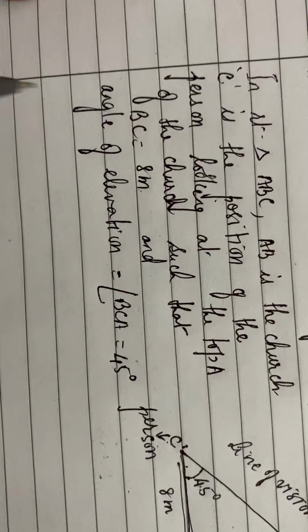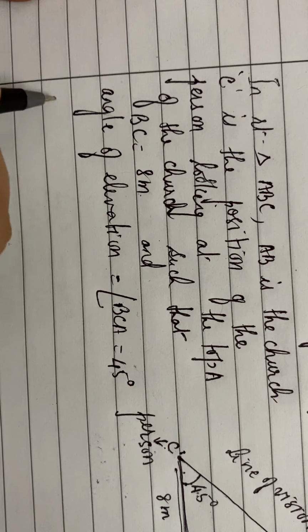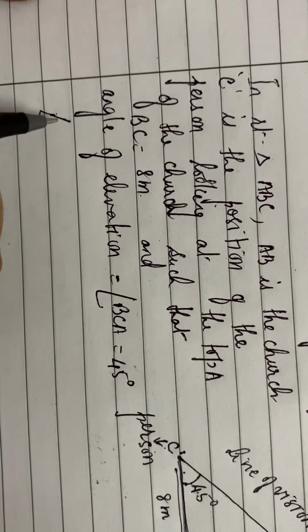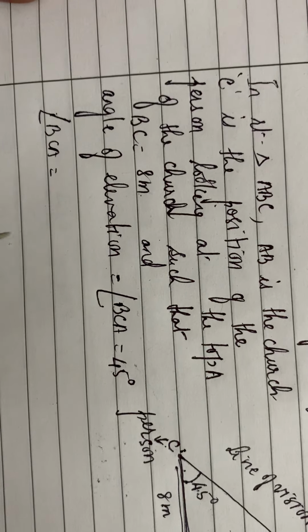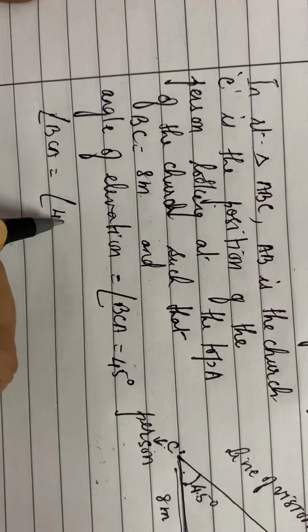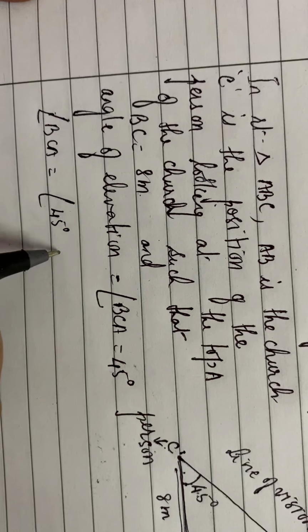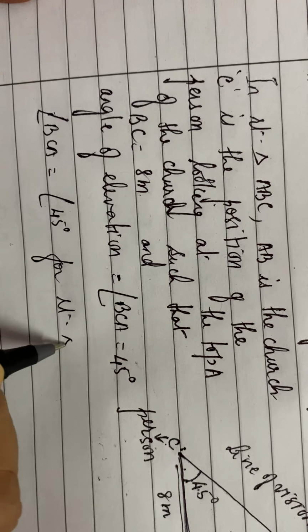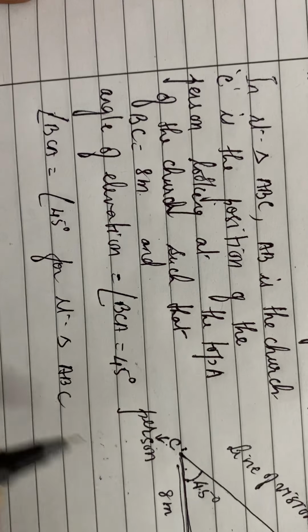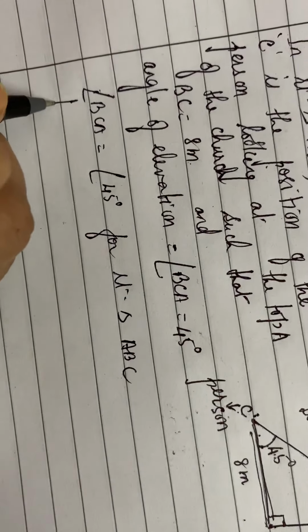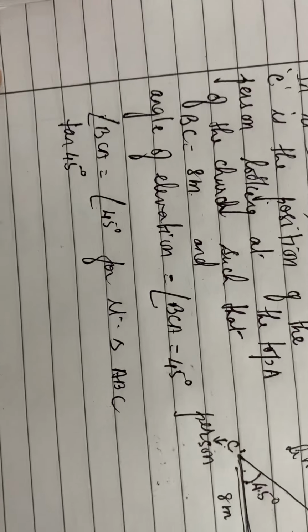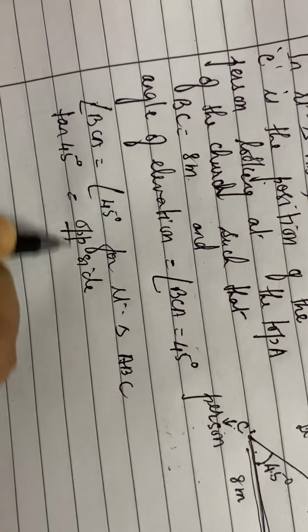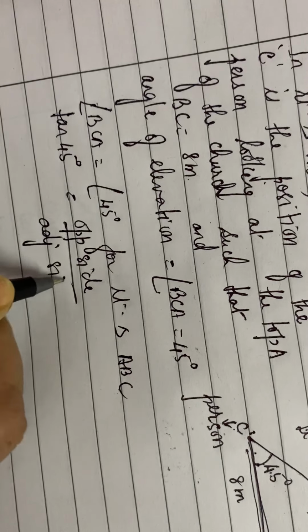So we write, for angle BCA, that is angle 45 degrees, in right triangle ABC, tan 45 will be equal to opposite side upon adjacent side.